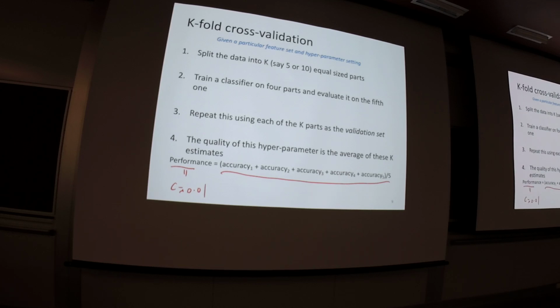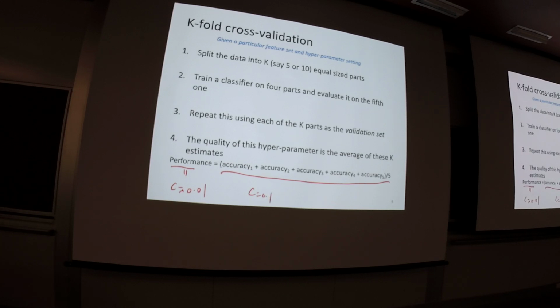Then what's the next step? Would you do the same procedure for your following candidate? Yes, exactly. I follow exactly the same procedure, but next time I change to another C value, like C equals 0.1.